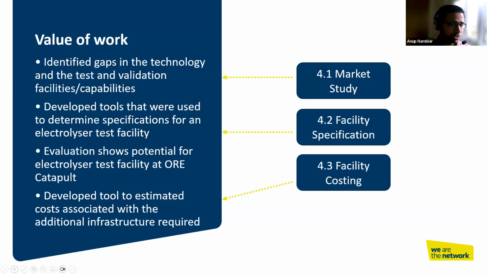And using that tool showed us that there is potential for developing such a test facility at our Blythe site of the ORE Catapult. And the third main output, related to the costing task, was the tool that we developed, again, to estimate the costs associated with the infrastructure required and for running such a test facility.